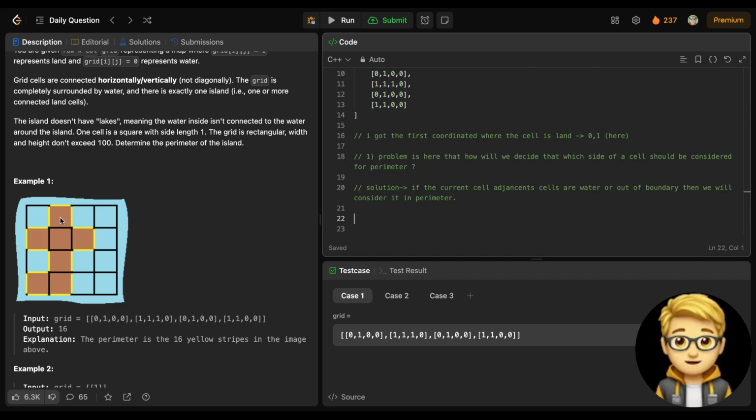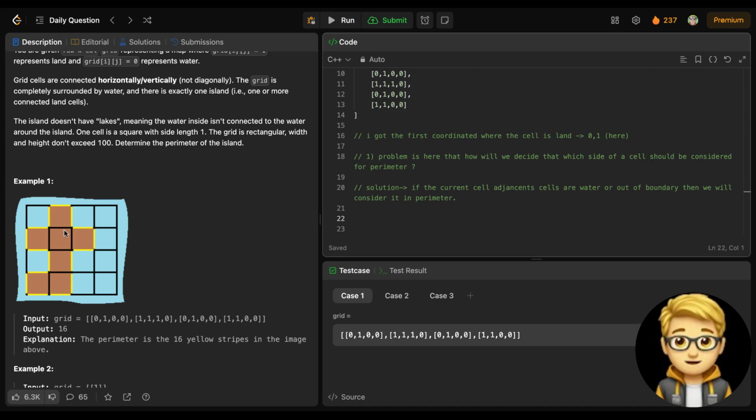But the problem here is, how will I decide where to move and where not to? If I've already visited some grid cell which is land, then we will not visit it again.